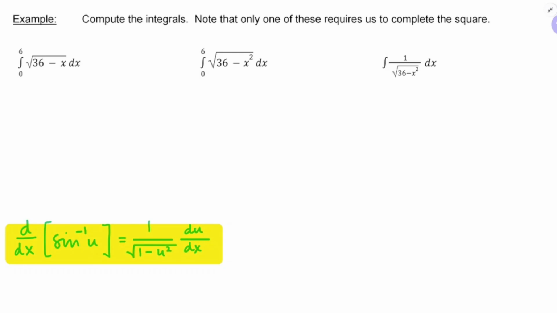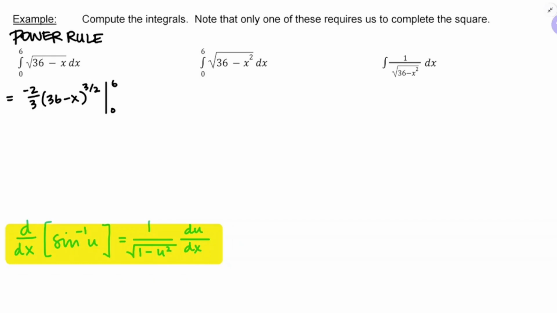So with the first one, we're just going to be using the power rule. We're going to rewrite the square root of 36 minus x as 36 minus x to the half power. I did that mentally and then just went straight for the antiderivative. So it's going to be 2/3 of 36 minus x to the 3/2, and I need to divide by -1 to prepare for the chain rule. And I'm going to let x go from 0 to 6. When x is 6, I have 36 minus 6 is 30.